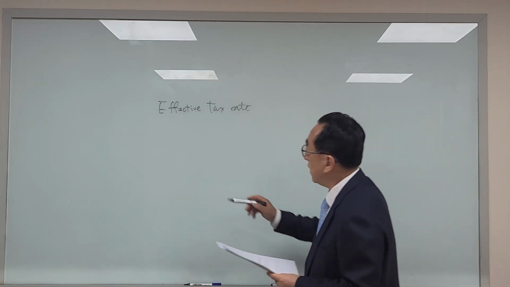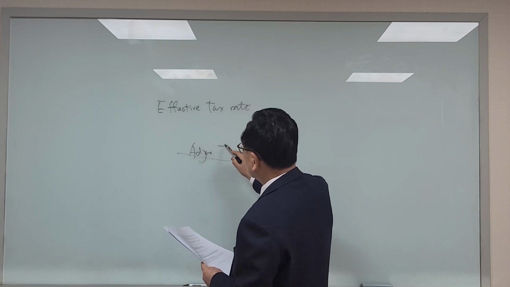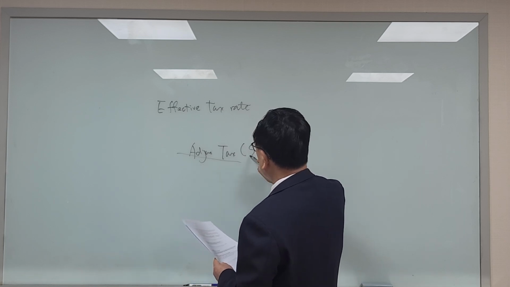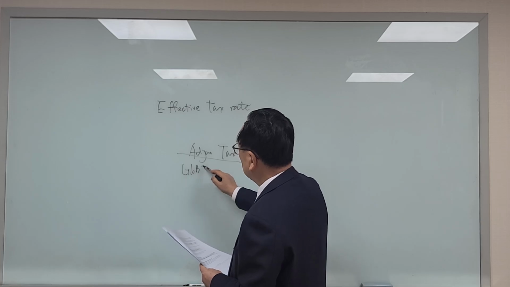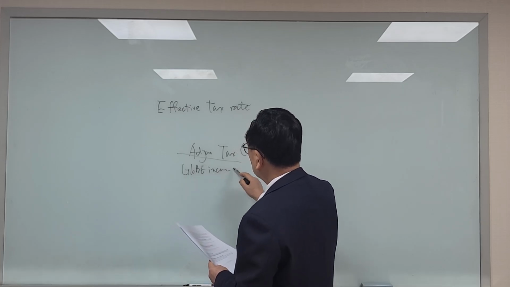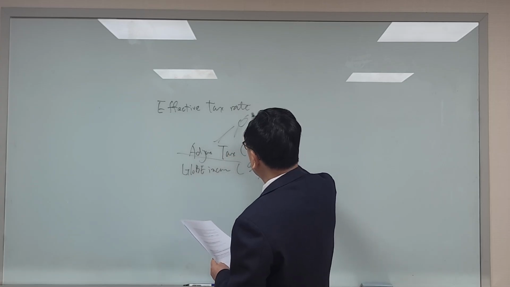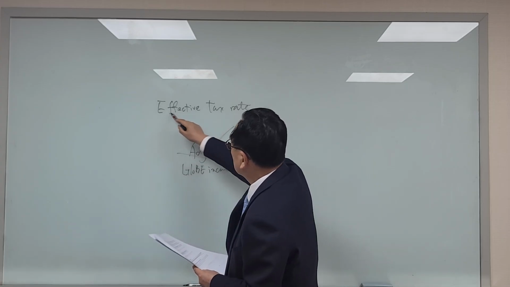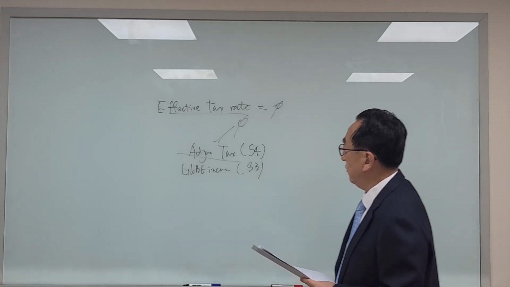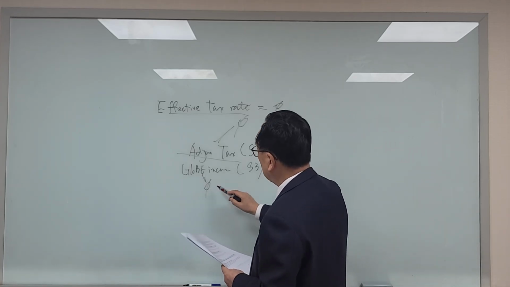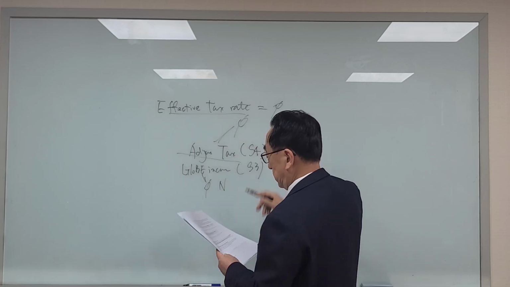The adjusted tax is computed by step 4 and global income is computed by step 3. If adjusted income is 0 or negative, then the effective tax rate will be 0. And if global income equals 0 or negative, then the effective tax rate will also be 0.